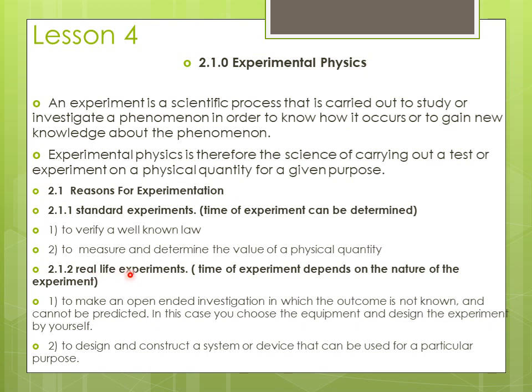Now, going back to a real life experiment, the time of the experiment depends on the nature of the experiment. For example, it could be investigating the rate of evaporation of water. You see that by its nature, it has other factors that determine that rate of evaporation of water.